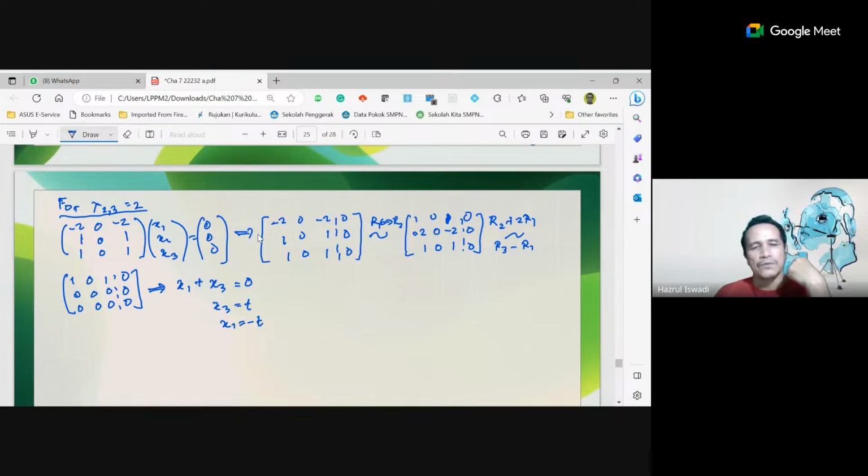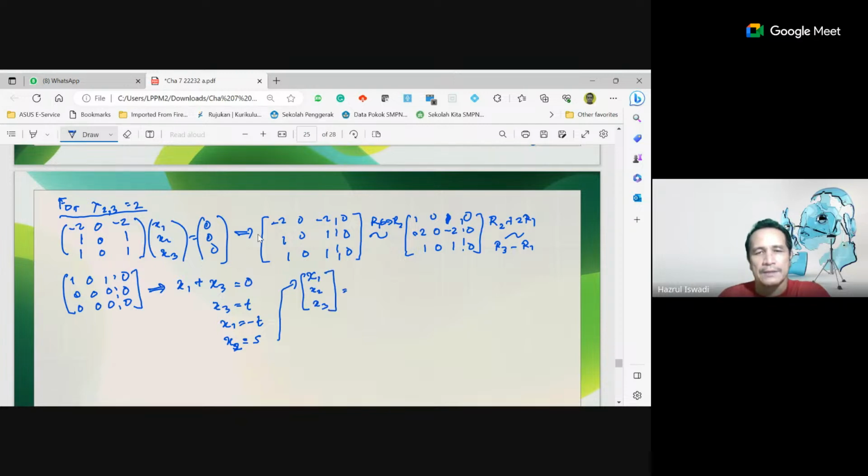And what happened with x2? x2 is also undetermined, so we let x2 be any constant, and we choose s. Let's make it in order again: x1, x2, x3.